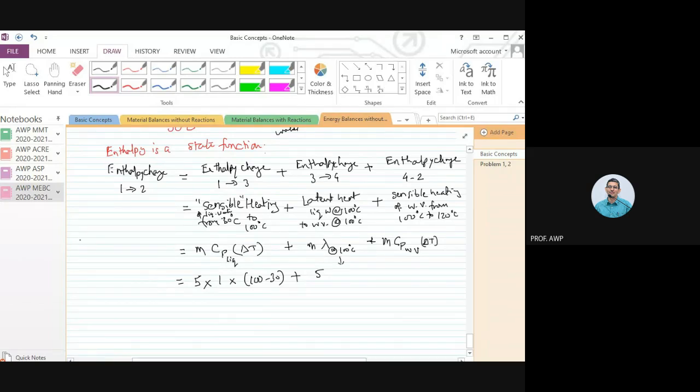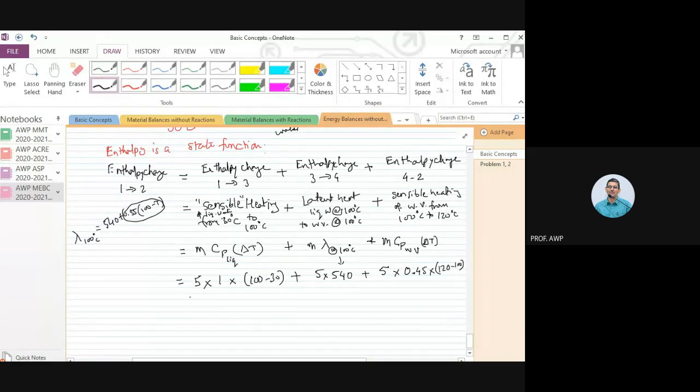For latent heat of water, we have done this in wet bulb temperature. That time I gave you a formula, 540 plus 0.55 into 100 minus T. Now the temperature at which we want is 100, so this part just becomes 0. So this is 5 multiplied by 540, plus mass of water 5 kg, Cp of water vapor, so that is 0.45 into the temperature change 120 minus 100.